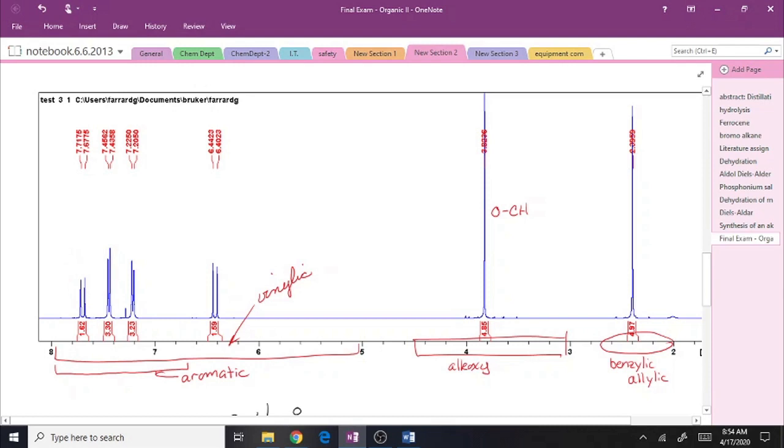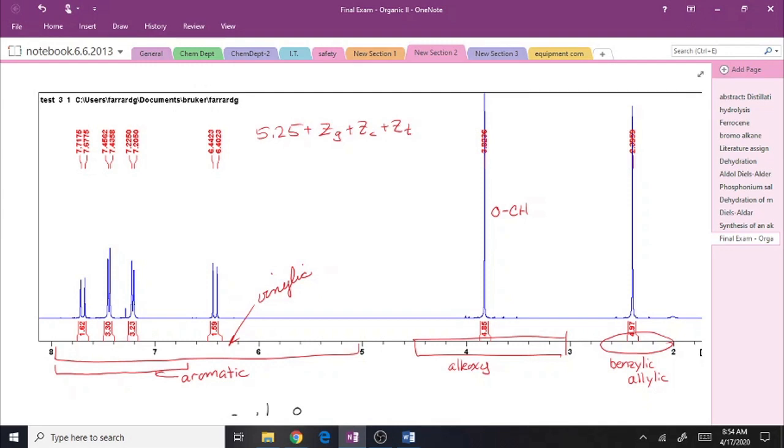Of course, one way to determine that, if you have a vinylic compound, is to do those calculations that we talked about above, the 5.25 plus Z-gem plus Z-cis plus Z-trans, and that will give you an approximate chemical shift, and you can use that then to determine what your peaks are.